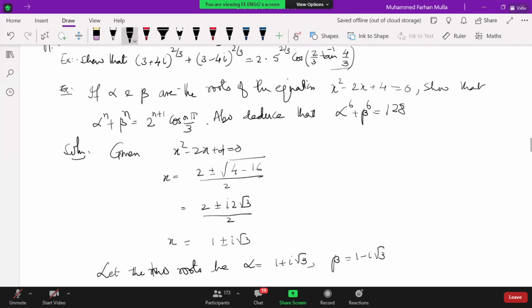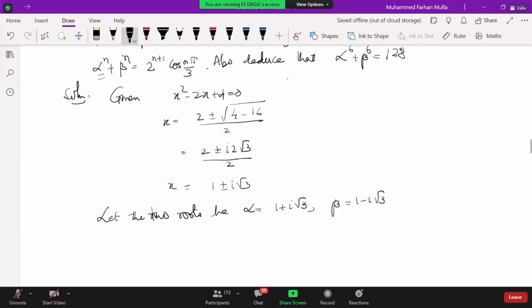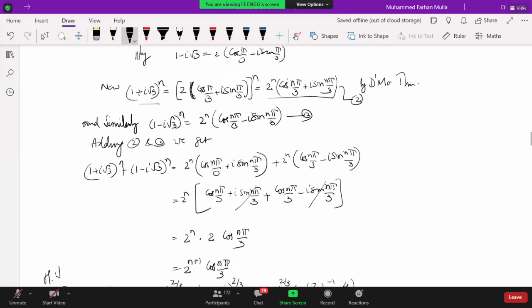What they want is the summation: take the power of alpha, take the power of beta, to the power of n. Then alpha raised to n plus beta raised to n is nothing but (1 + i√3)^n plus (1 − i√3)^n. This is exactly the same as what we have done here.